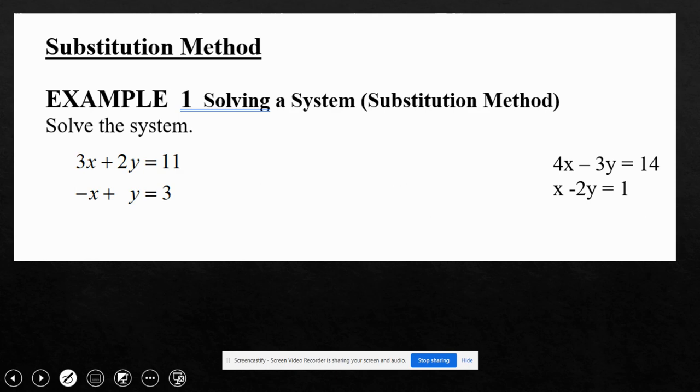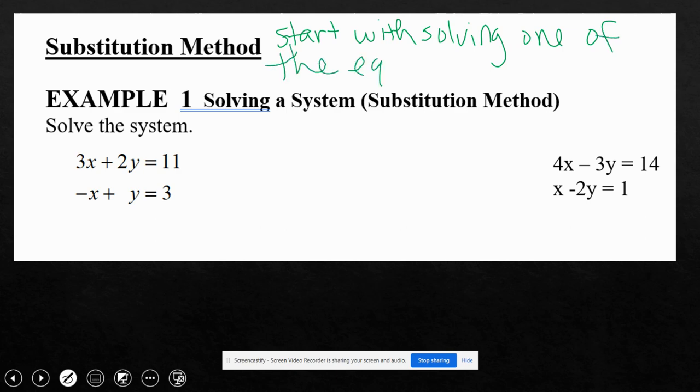So to start solving our systems, we're using the substitution method. A reminder that our first step in the substitution method is to start with solving one of your equations for x or y.